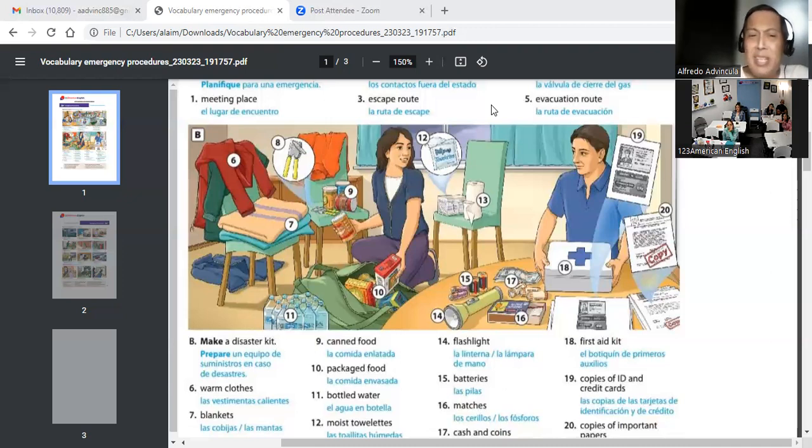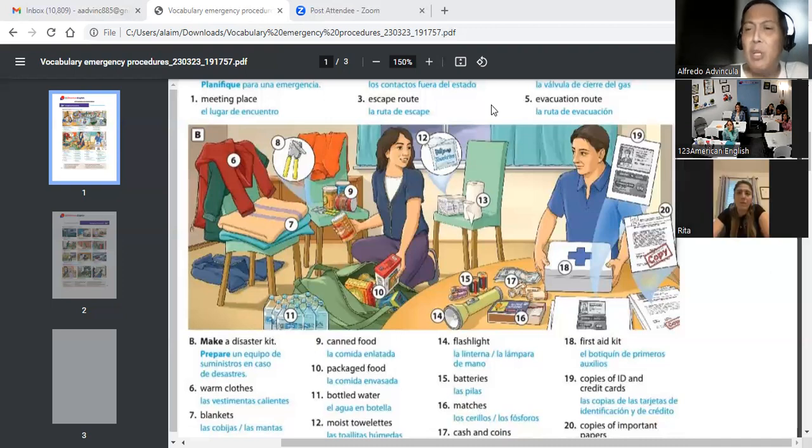Rita, why do you think it's important to have warm clothes? In case of flooding, we can change our clothes for warm clothes, or in case it's cold outside.